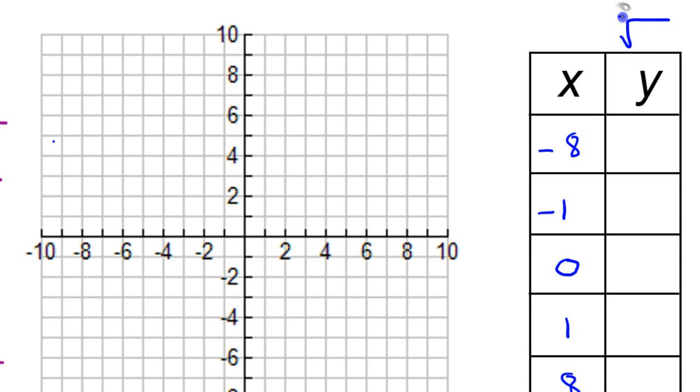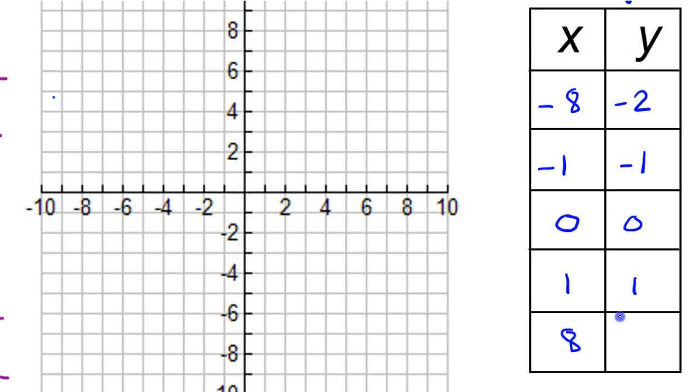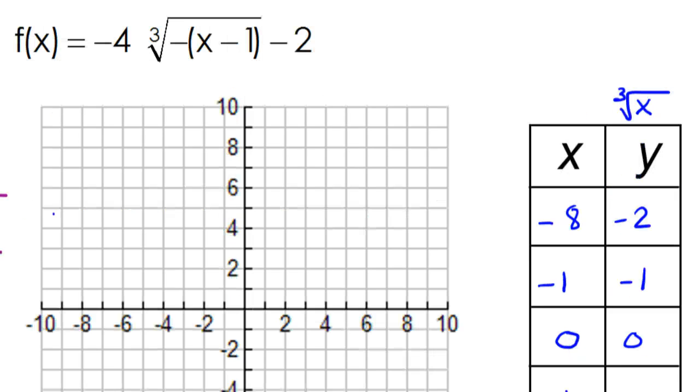We're doing the cube root of all the x's right here. The cube root of -8 is -2. The cube root of -1 is -1. The cube root of 0 is 0. The cube root of 1 is 1. And the cube root of 8 is 2. So this is the parent function, if you will.